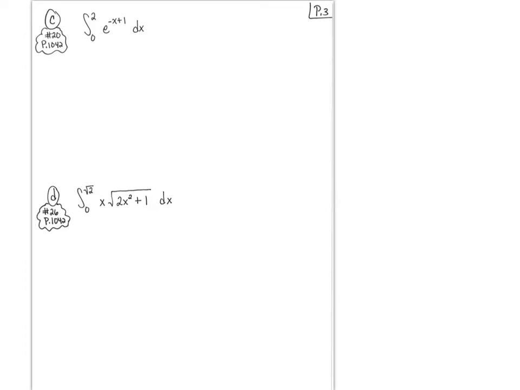So your antiderivative here is negative e to the negative x plus 1, okay? And we're going to evaluate that from 0 to 2, okay? So you might be wondering where that came from, so let's do an aside.